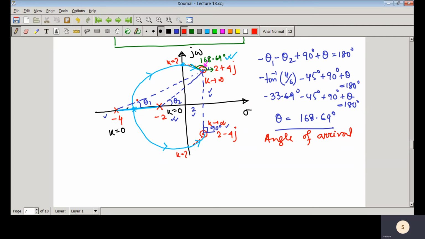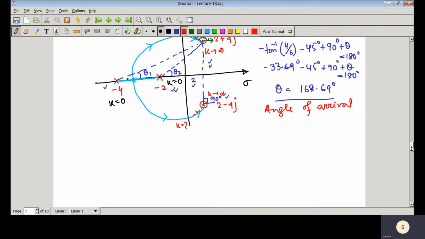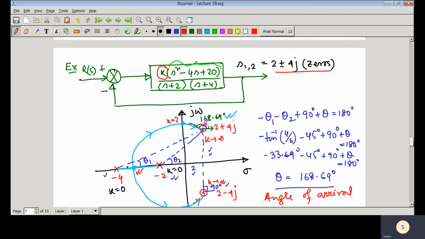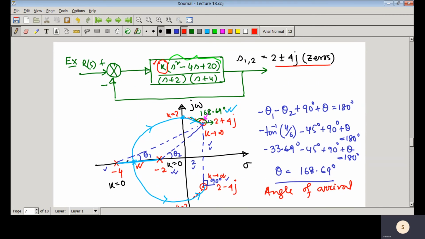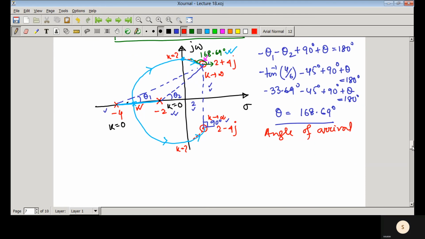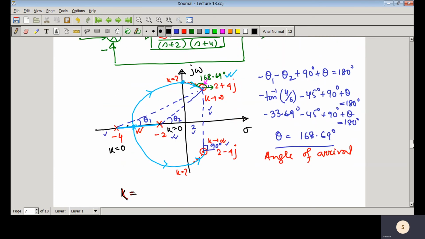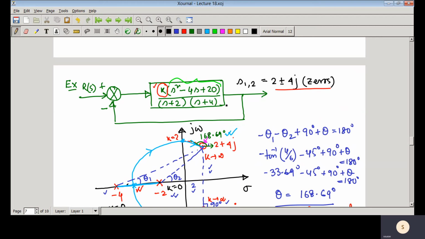And here for finding this particular breakaway point, what we need to do, that means we need to write that k in terms of s. From the characteristic equation we can write that k equal to minus of 1 by G of s H of s.